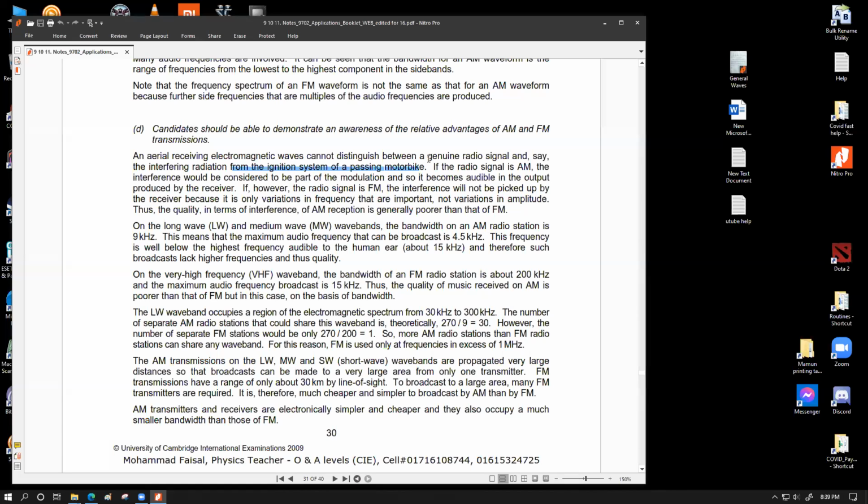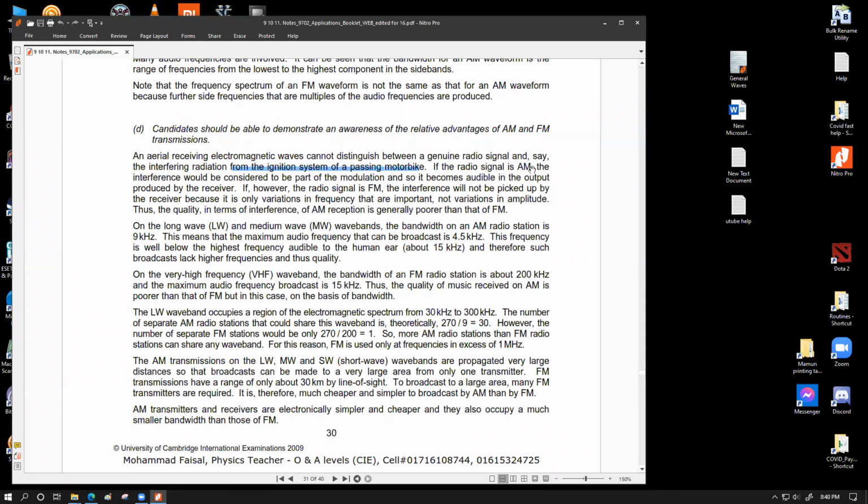So if you feed both of these sounds together to a receiving antenna, that antenna by its own virtue does not have the capability to distinguish these two sounds. It would consider both of them to be a combined sound and convert both of them into output.